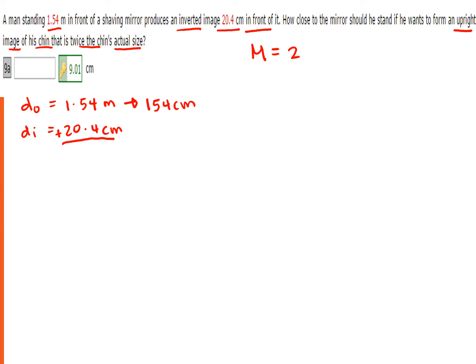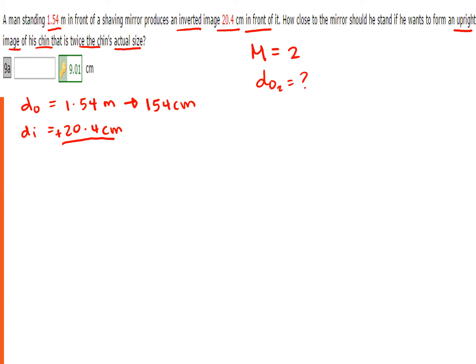The problem basically wants us to solve for the distance of the person from the mirror so that he will be able to have an upright image that is twice his actual size. So we would call that DO2. That is what we are going to solve for.